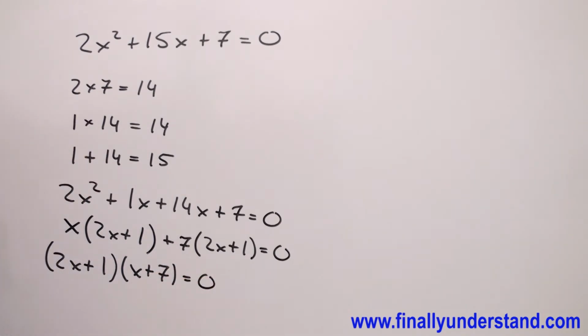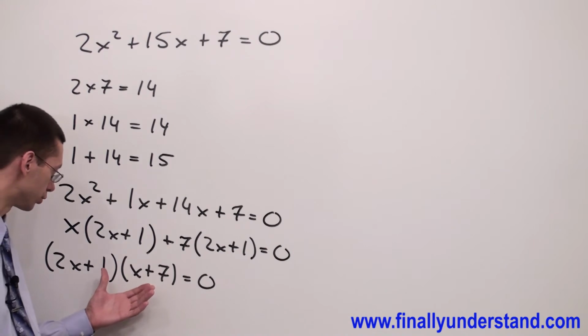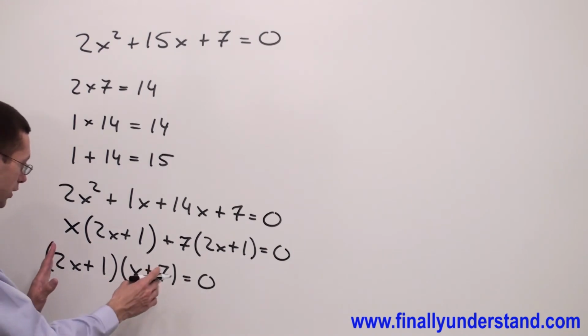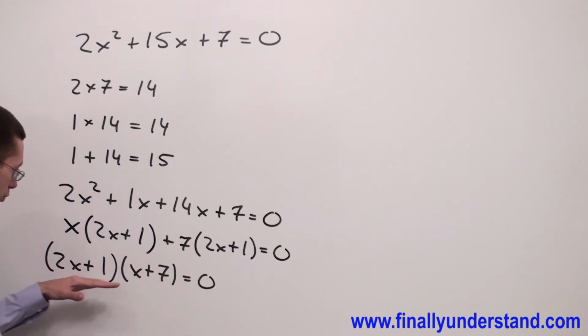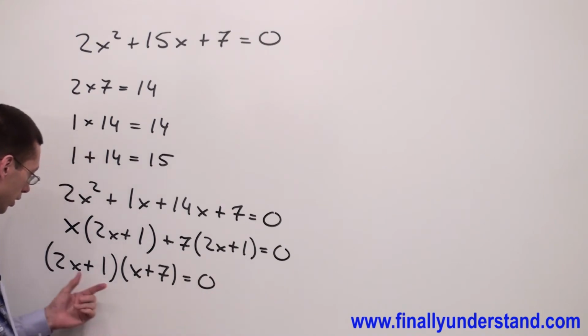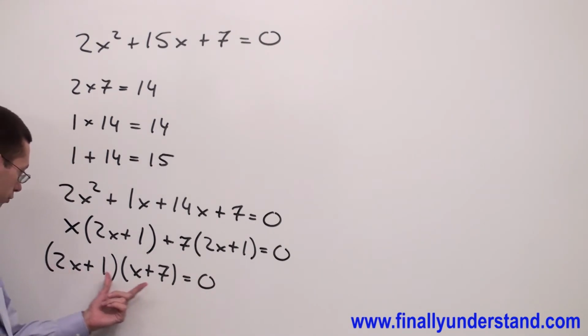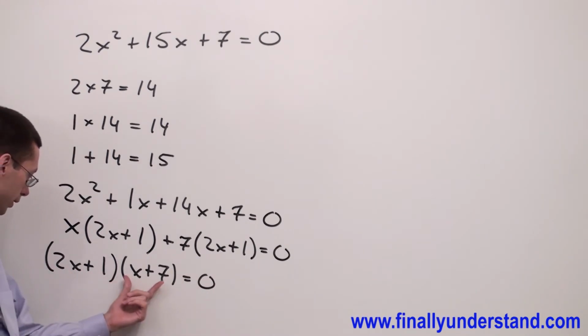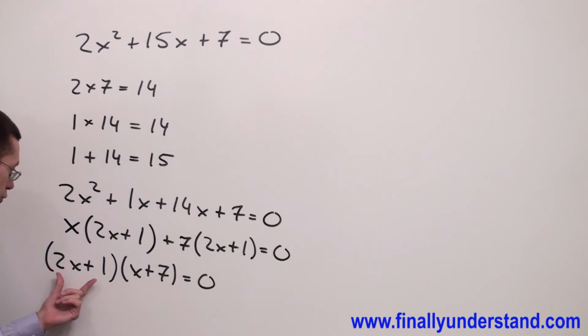In order to find the roots of this equation, I'm supposed to realize that in order to make this equation balance, I mean the left side has to be equal to the right side, one of these two factors is supposed to be equal to 0, or both of them.